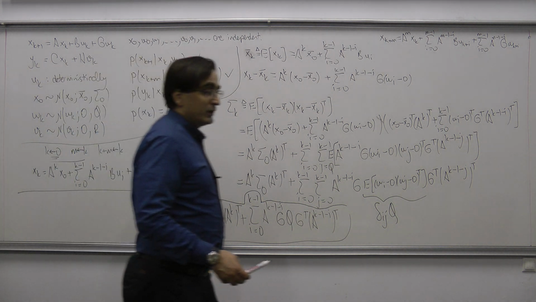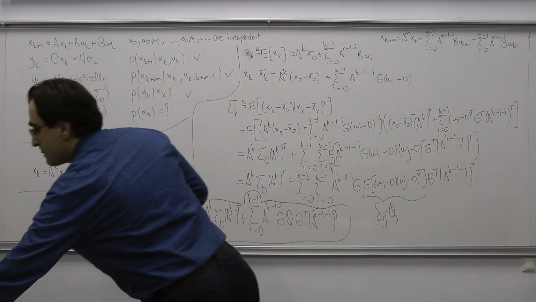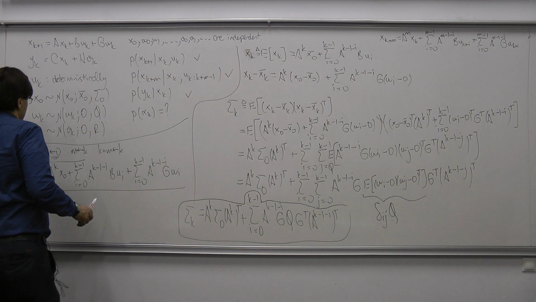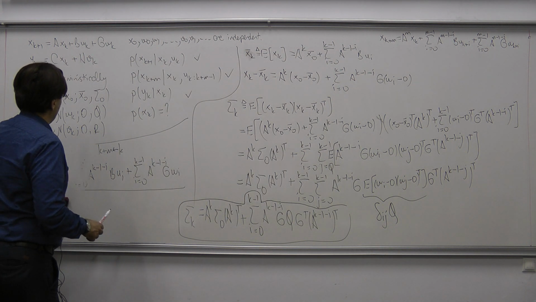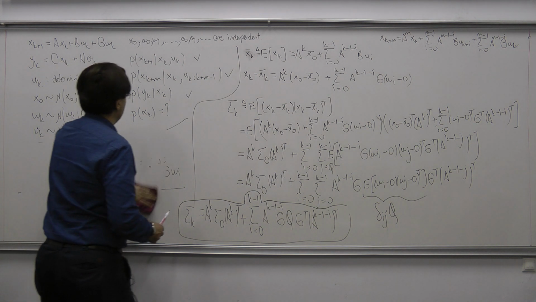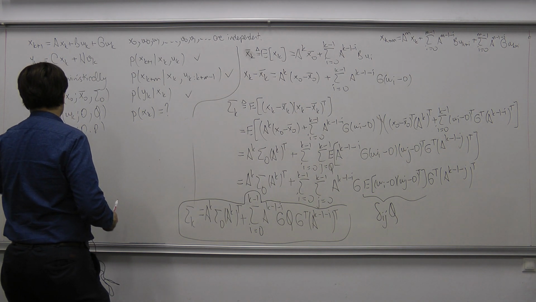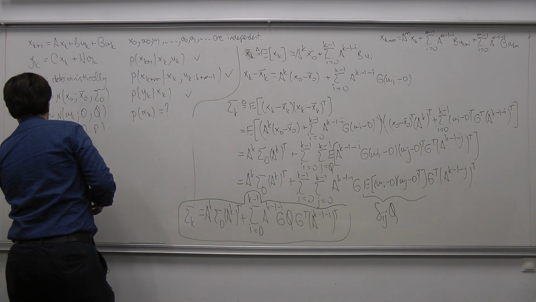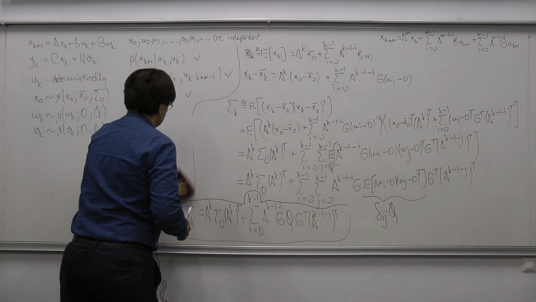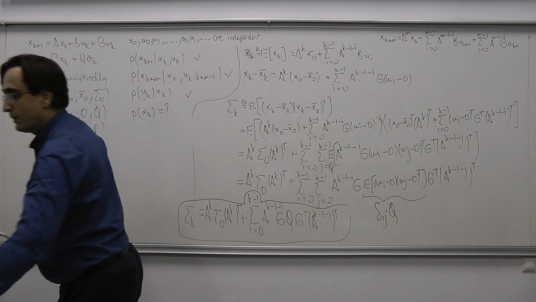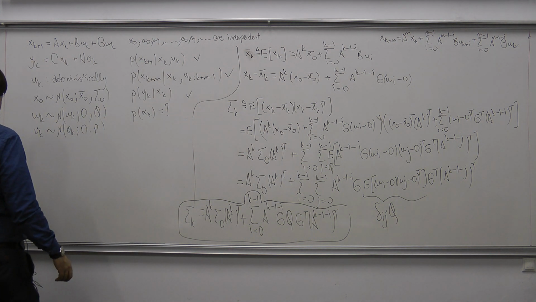Now I can actually write the distribution of x_k, which is P of x_k.